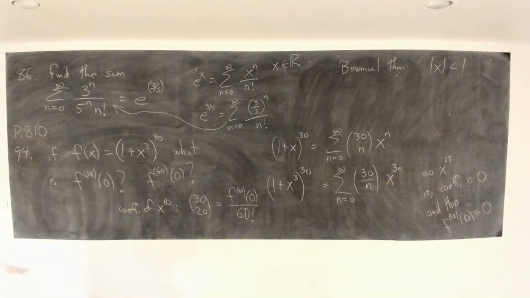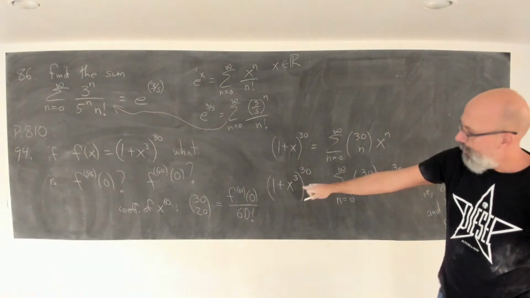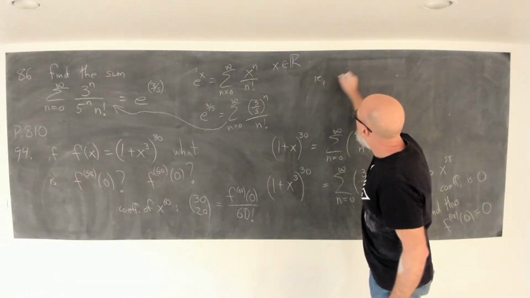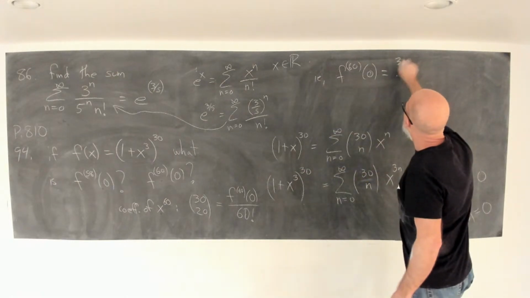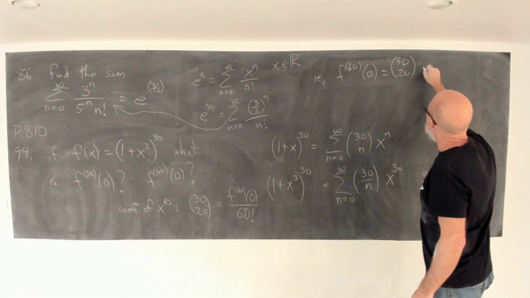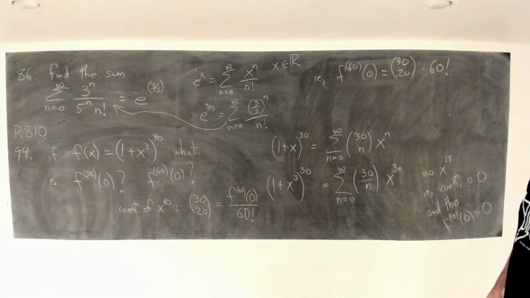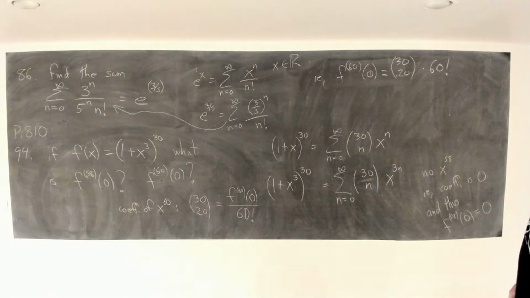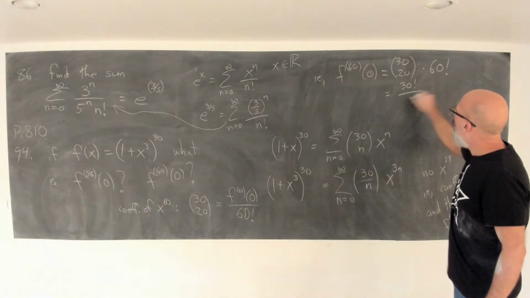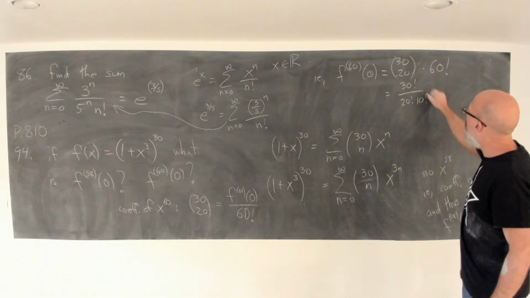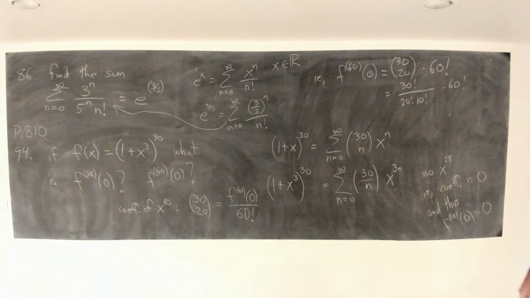It's easy to see that the 60th derivative at 0 is 30 choose 20 times 60 factorial. 30 choose 20 is 30 factorial over 20 factorial times 10 factorial, times 60 factorial. There it is.